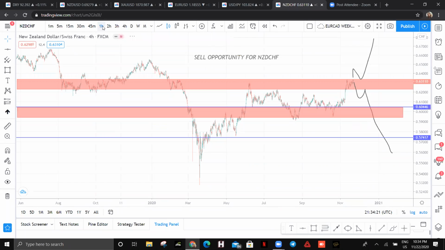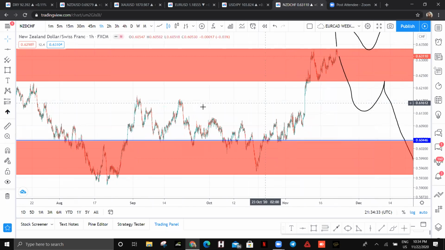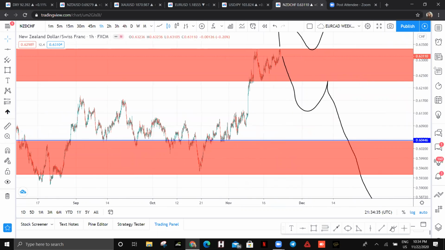Now let me go to H1 and see how it's reacting. It's forming a stick and a flag. So peradventure, what might happen on H1 here is to do what? Consolidate.